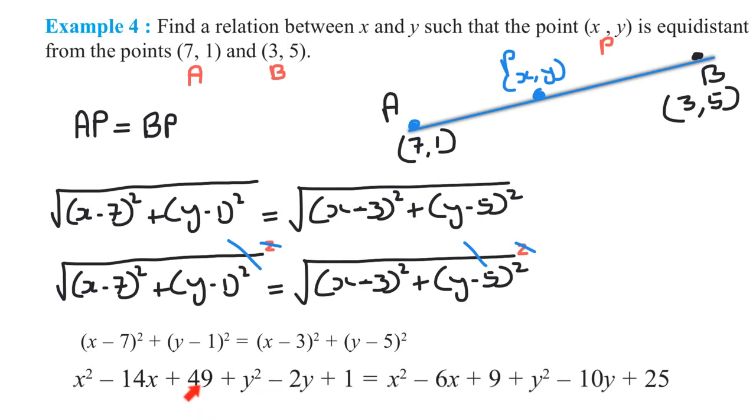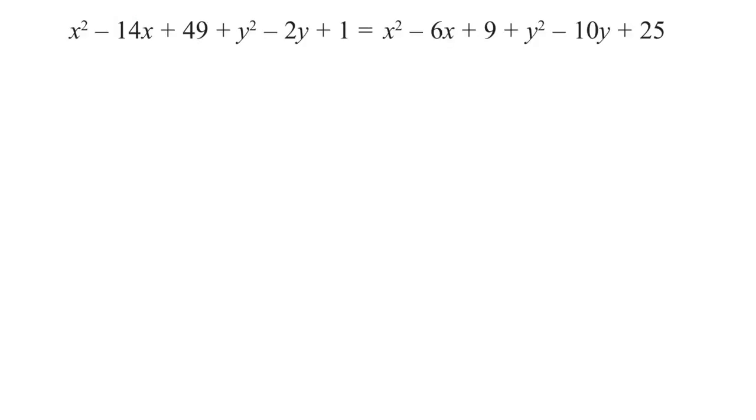Bring all the x terms and the y terms on one side and the constants on the other side, and let's see what happens. So let's cancel off the like terms. X squared cancels with x squared, y squared cancels with y squared. Let's bring all the x terms and the y terms on one side of the equal sign and the constant terms on the other side.